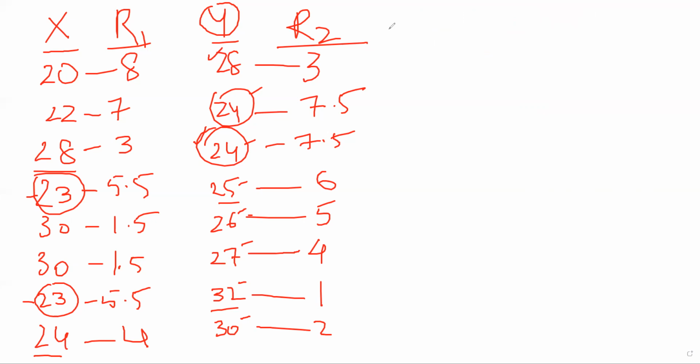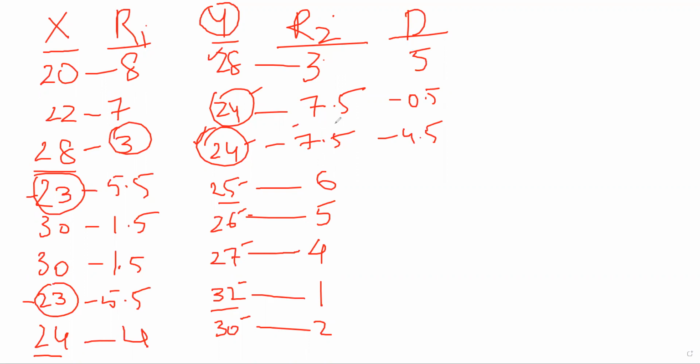Now, the rest of the process will be the same. Find the difference. D is R1 minus R2. So if you look at R1, the first value is 8. This is 3. So I will get 5. Then 7 minus 7.5 is minus 0.5. 3 minus 7.5 is minus 4.5.